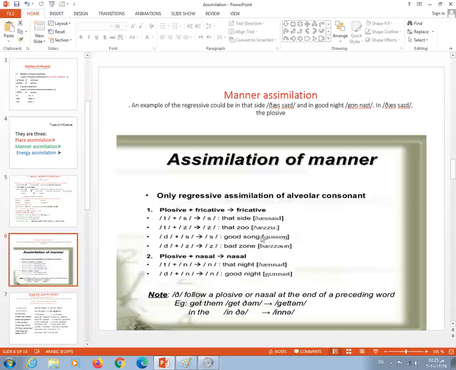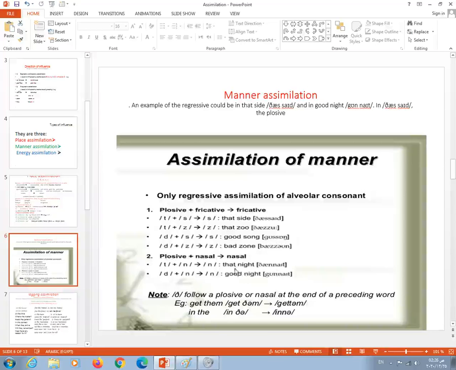For example, this for that and zoo. So we say the zoo. And the and sa. We have good song. The and the, we have bad zone. And ta and no, we have the night.